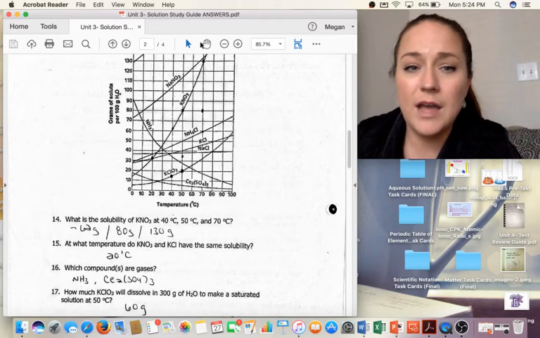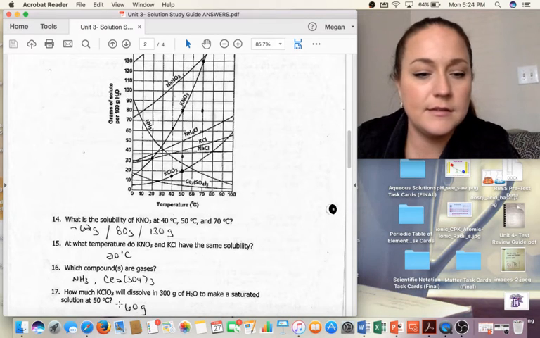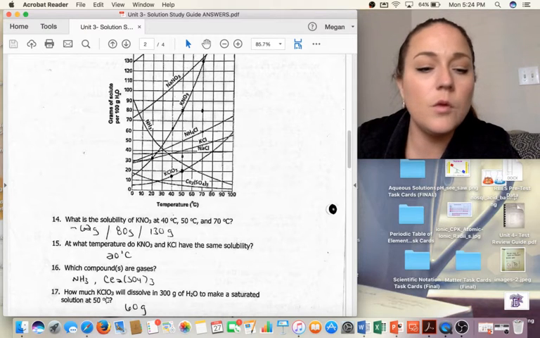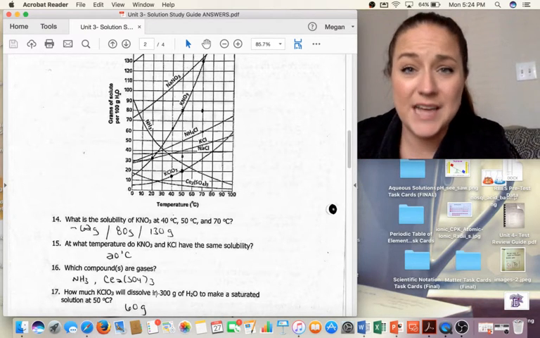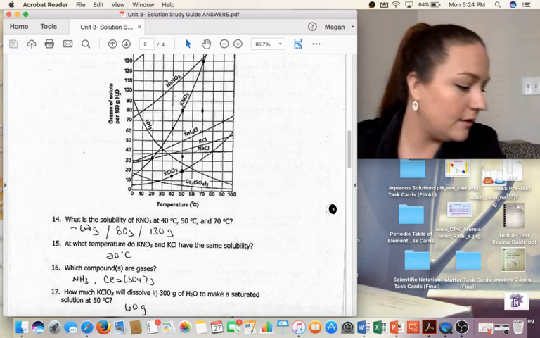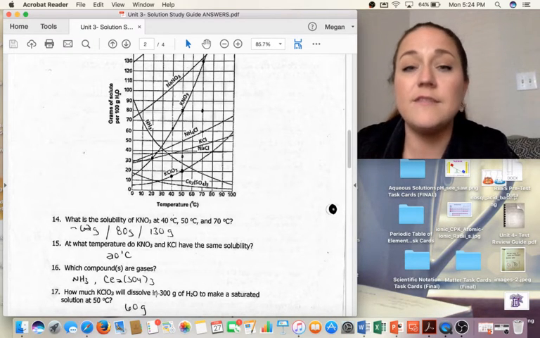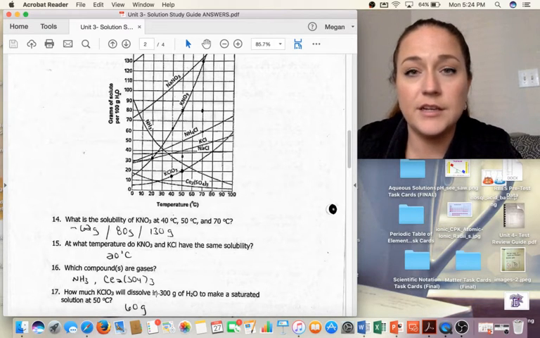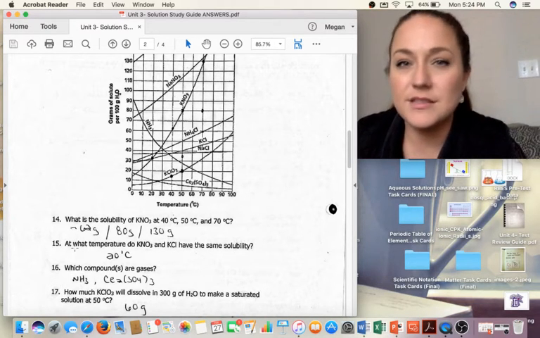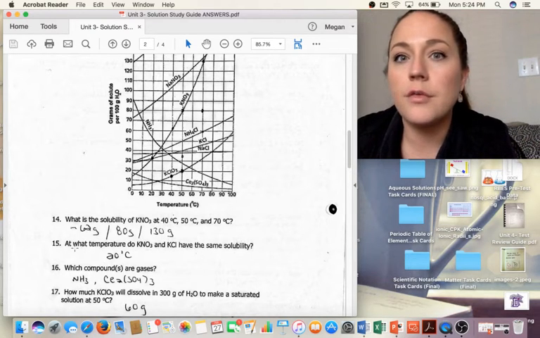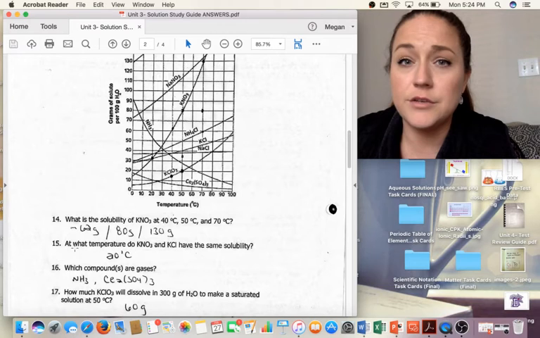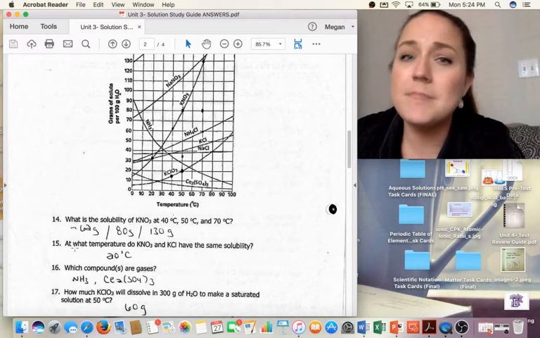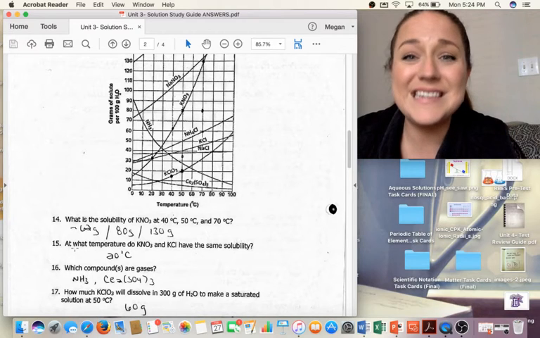So that means whatever the grams lie on this chart at 50 degrees Celsius for KClO3, we are going to have to increase that by 3 times, because 300 divided by 100 gives you 3. Think about it this way. If I have 3 batches of cookies and I need to use 2 eggs in each batch, that means I'm going to use a total of 6 eggs to be able to make 3 batches of cookies.